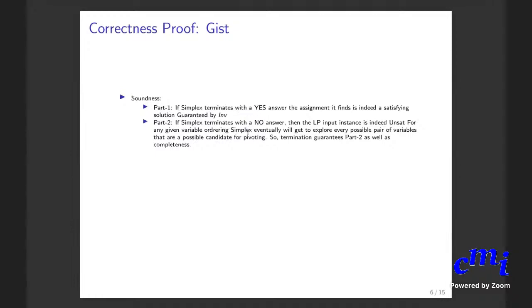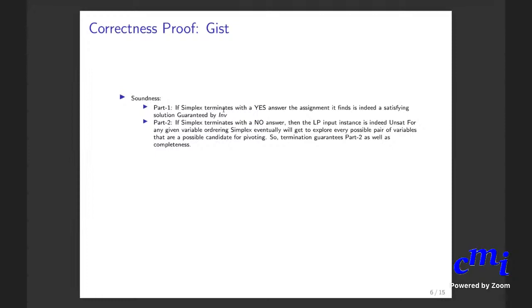The other is when it says no, then indeed it is unsatisfiable. Now, part one is quite obvious, because the invariant always ensures that the non-basic variables satisfy their bounds.